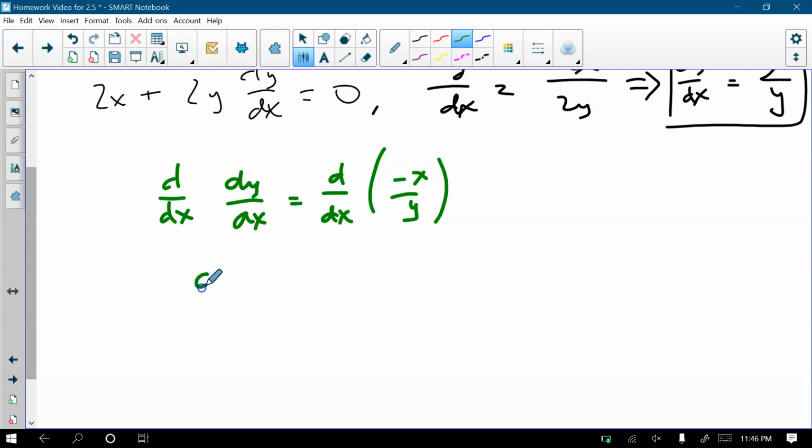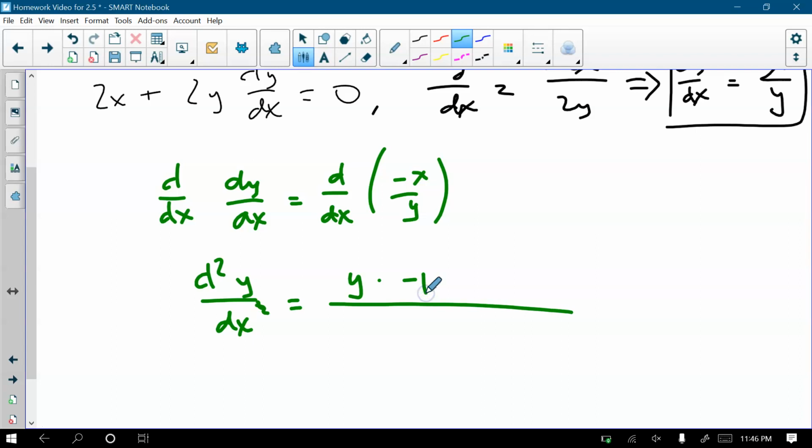On the left hand we got that funky notation of d2y dx squared, and it's equal to, okay, low d high, because I need a quotient rule here, minus high, so minus the negative x times the derivative of the low part, which is going to be dy dx. And if you want to put a 1 here to show the derivative of y is 1, but then you took the derivative of y with respect to x, that's fine.